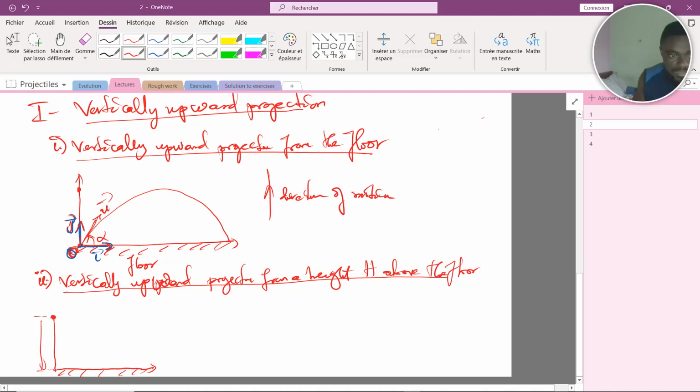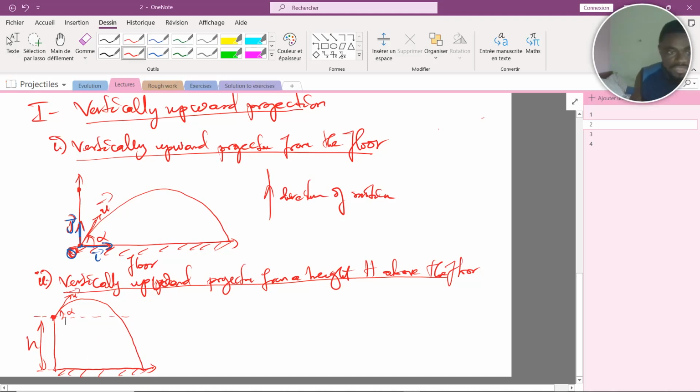This is the height h. Is that okay? I'll draw this other horizontal. It is projected vertically upward. So this will be the trajectory it will describe. Is that okay? This is your velocity u, your initial velocity, making an angle what? Alpha with this horizontal. Is that okay?